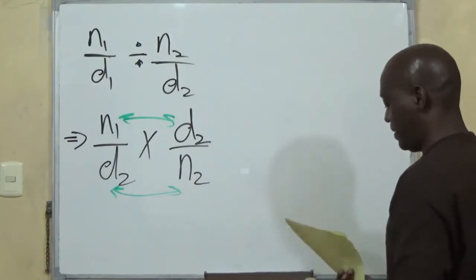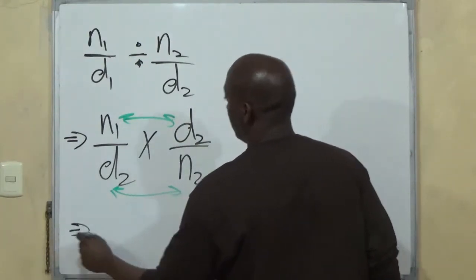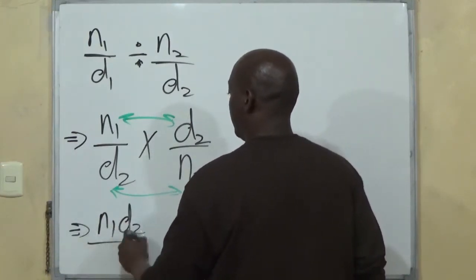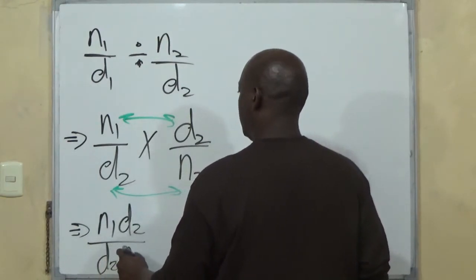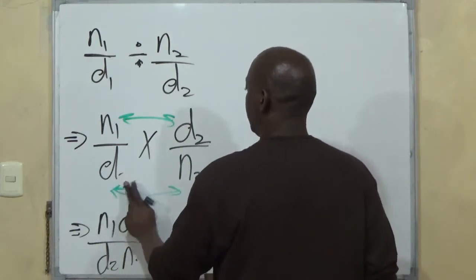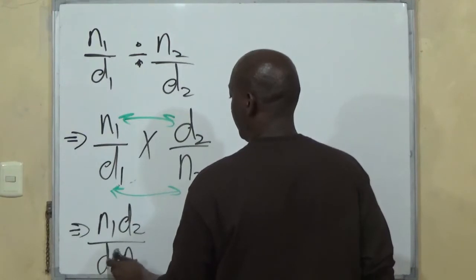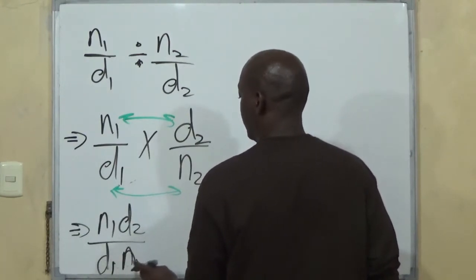So in this case, what you'll end up with would be n1 times d2 over d1 times n2. Sorry, this is d1, my mistake.